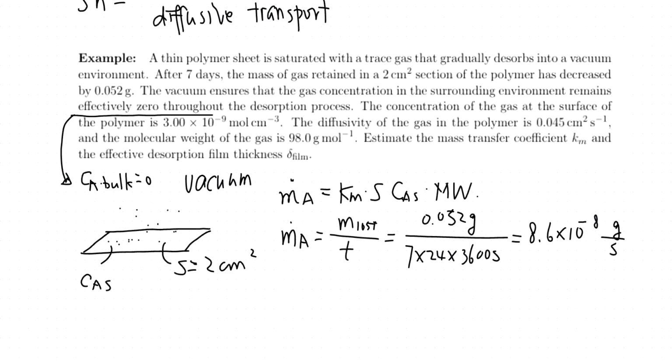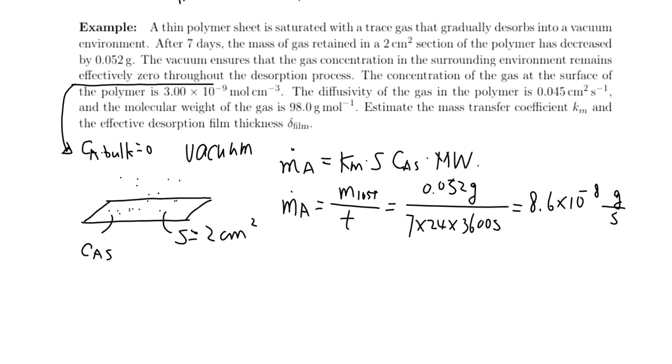So now you can obtain your mass transfer coefficient by using M_A dot divided by the area, divided by C_AS, divided by molecular weight.